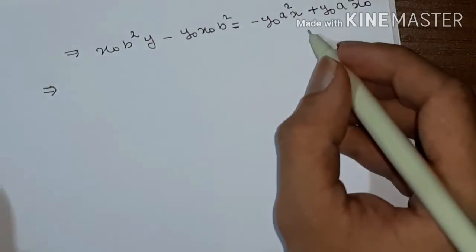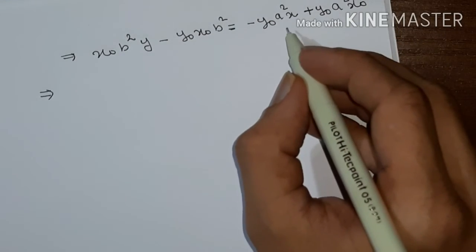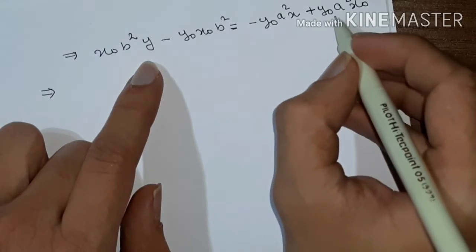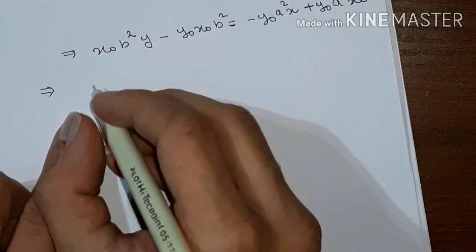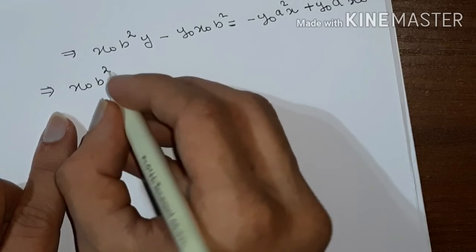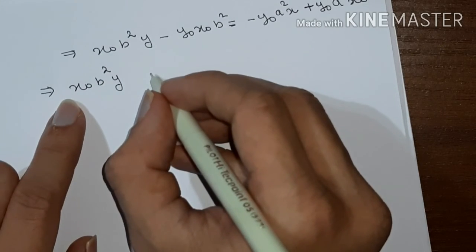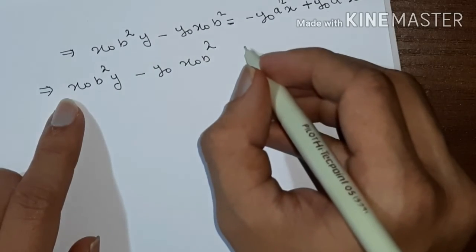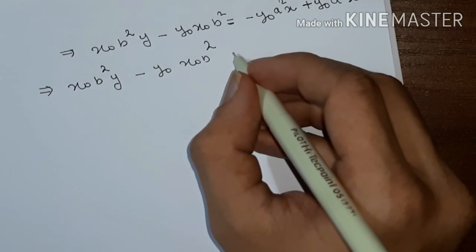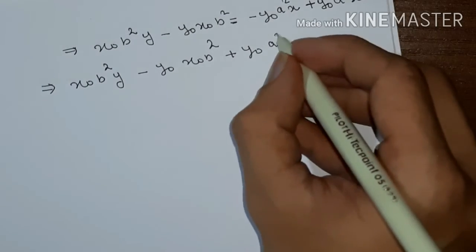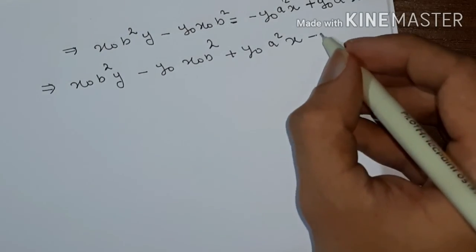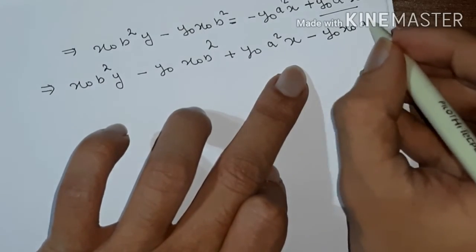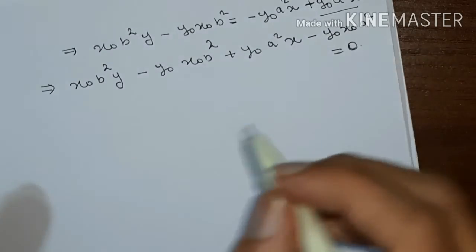So now what we can do is we can take everything on one side first. Okay, so that what we get is x₀b²y, then minus y₀x₀b², plus y₀a²x, then minus y₀x₀a² equal to 0.